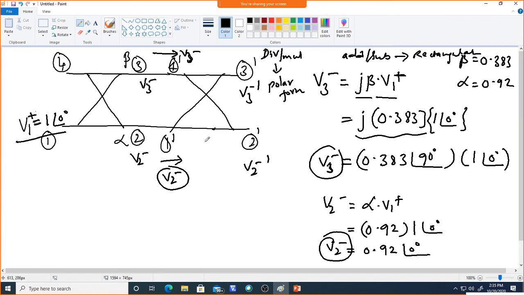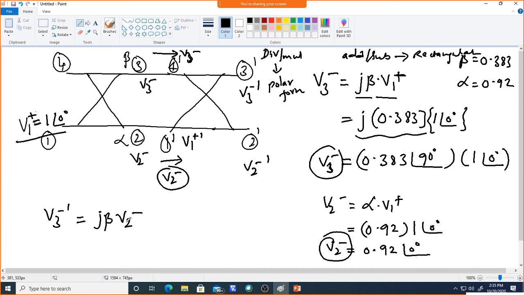V3 minus dash is again given by the beta factor: j into beta into the input power, which is V2 minus. If you take it as V1 plus dash, first we will write it with respect to this, then we can replace this V1 plus by V2 minus.